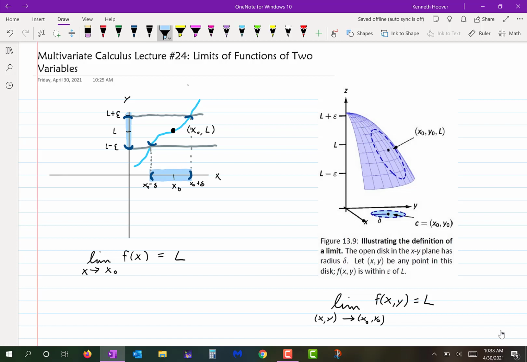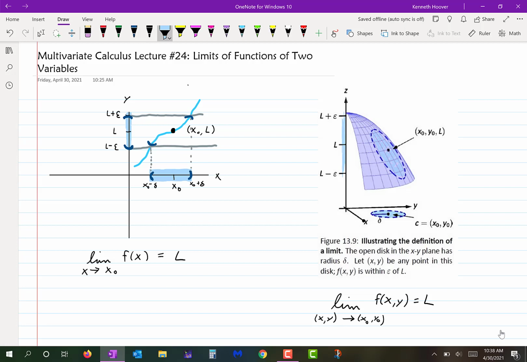Okay, and when xy is within that disk, then z will be within this range. Or another way to say that is the point f of xy will be in this disk up here. Okay?